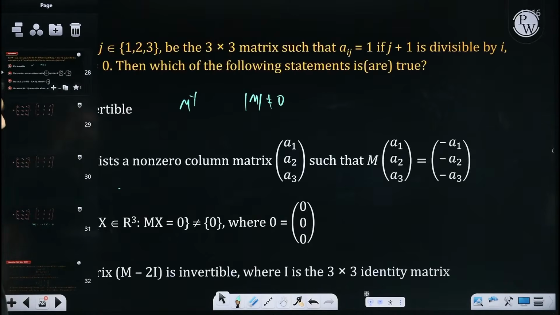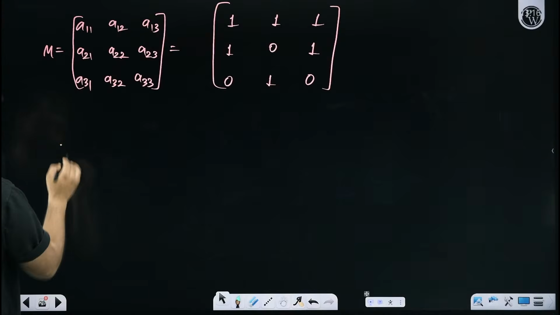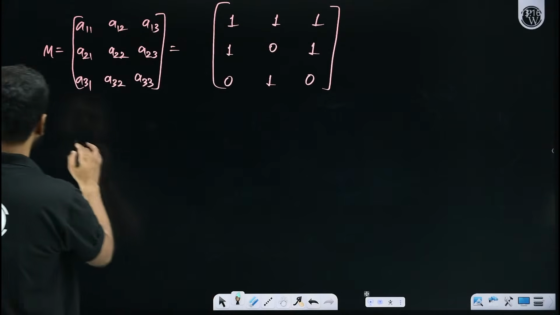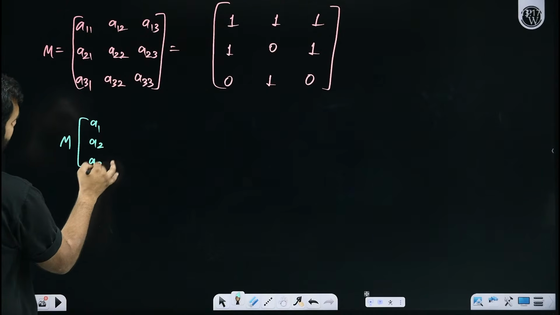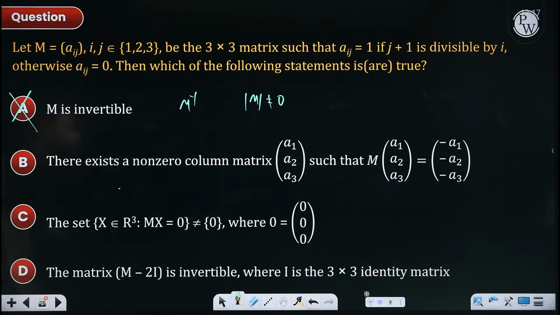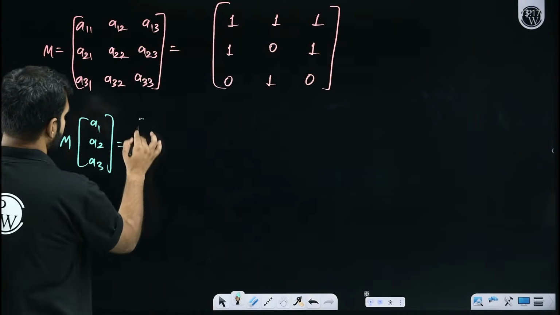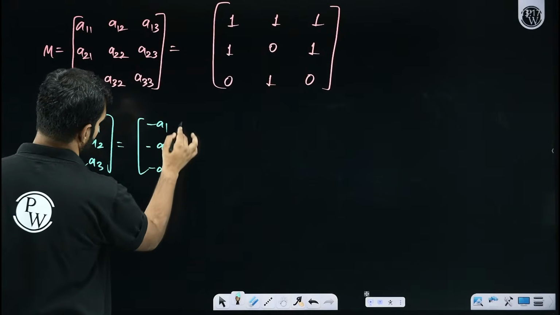So this says that M times A1, A2, A3 is equal to minus A1, minus A2, minus A3. Okay, we'll work that out.